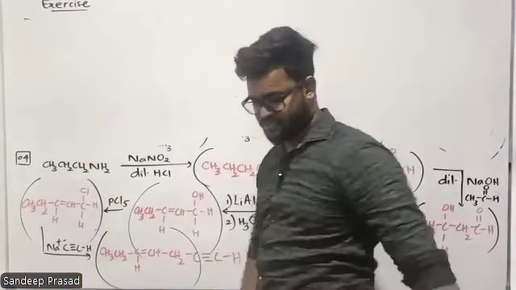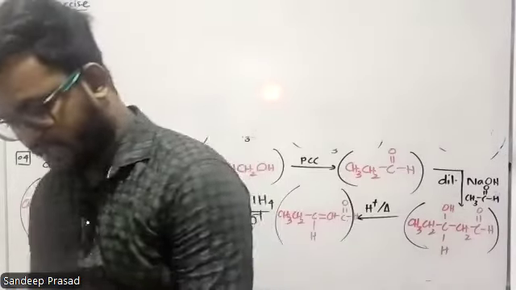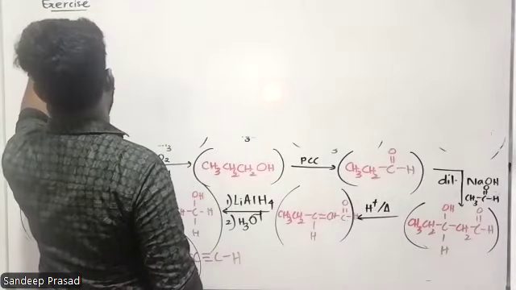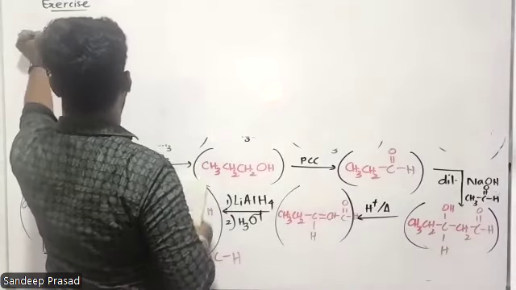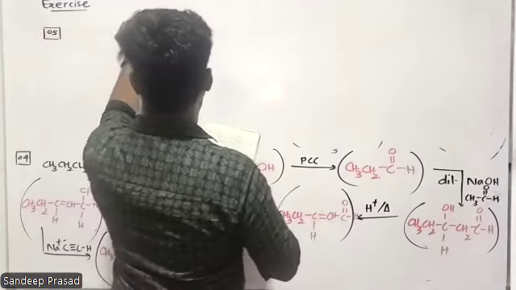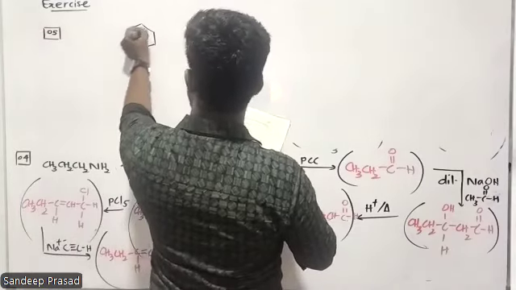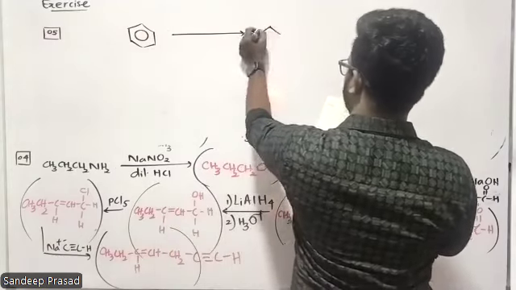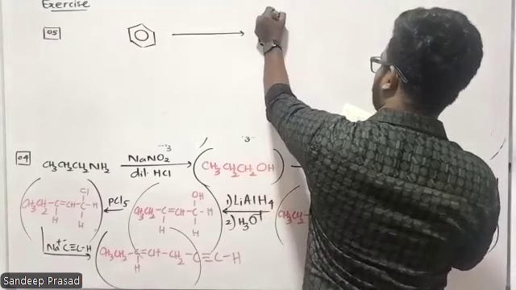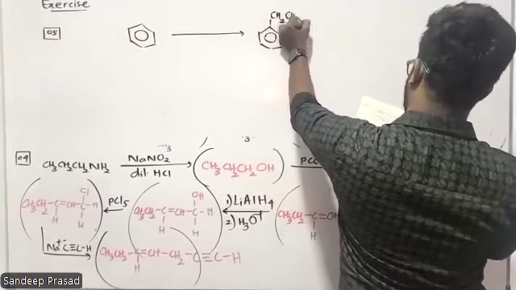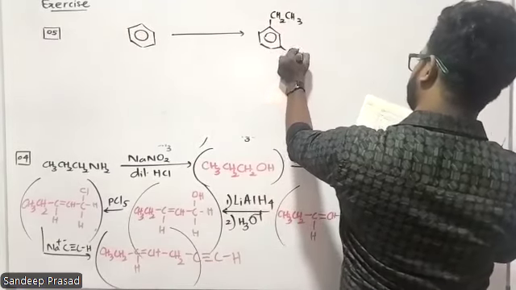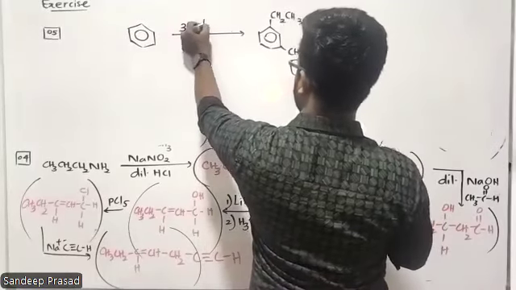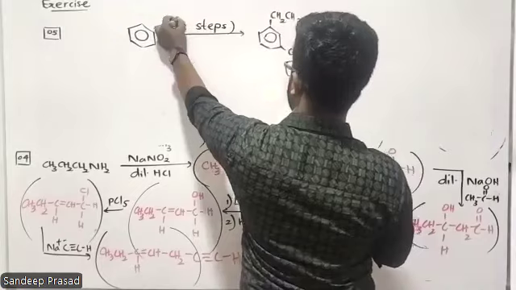Two small conversions. Soon after the class, you can send me the answers. That's very easy. Number 5. Three steps. Only 3 steps.